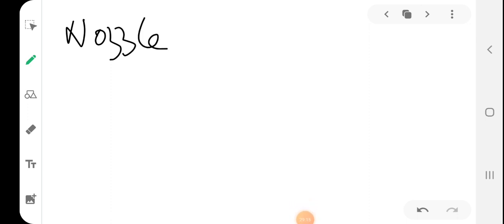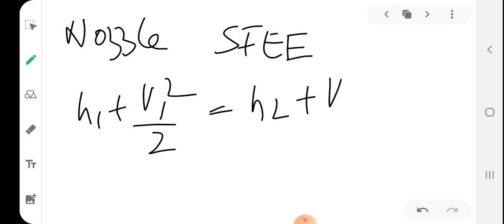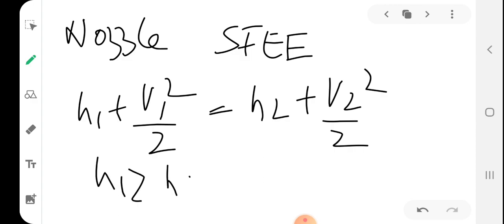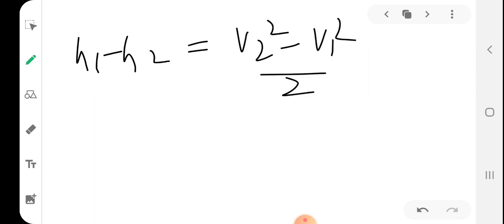So students, for nozzle we can write the energy equation, SFFE, as H1 plus V1 square by 2 is equal to H2 plus V2 square by 2, right? So V2 will be higher than V1, and H1 will also be higher. So H1 is greater than H2, V2 will be greater than V1 in case of nozzle. So here H1 minus H2 can be written as (V2 square minus V1 square) by 2, right?